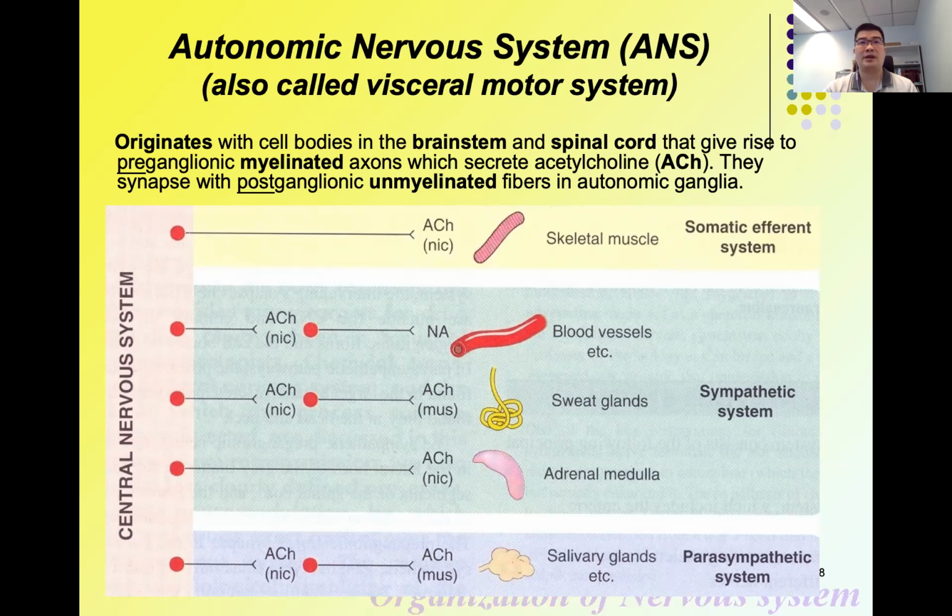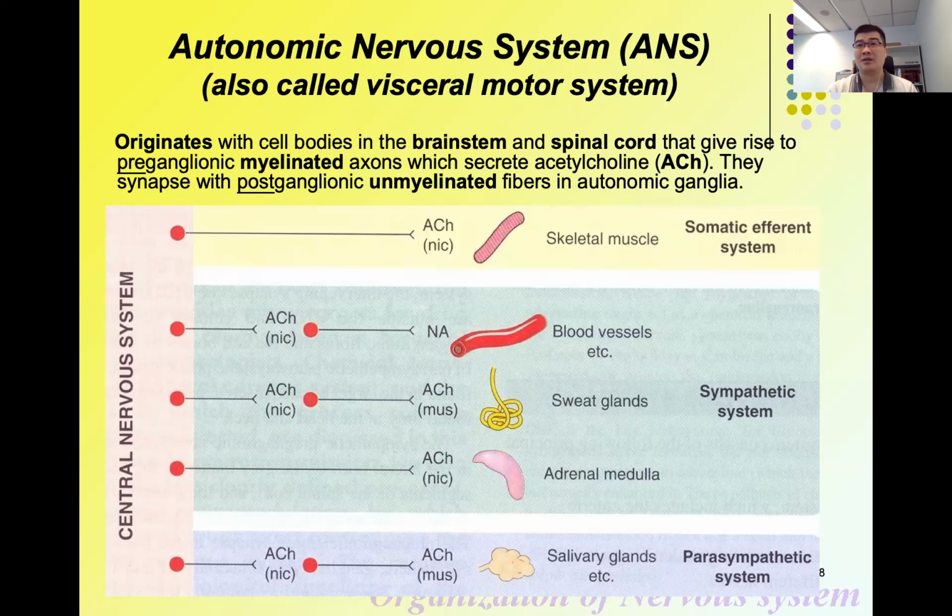Sorry, this is noradrenaline. We will look at it in more detail in the next slide. In the sympathetic system, the postganglionic neurons can also secrete acetylcholine as the postganglionic neurotransmitter. So both.